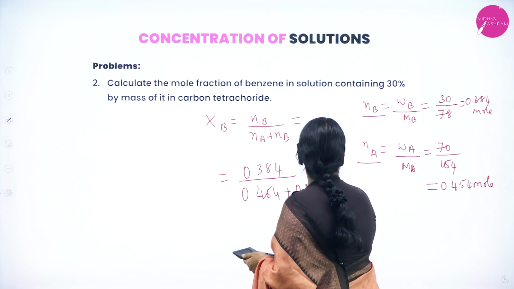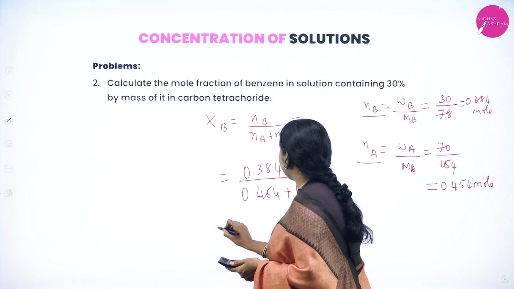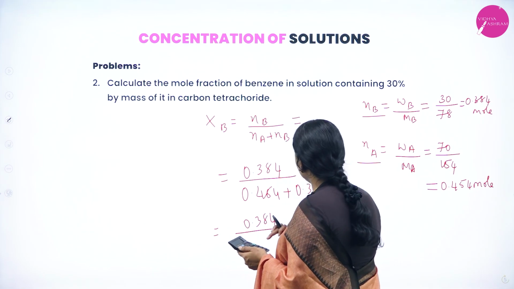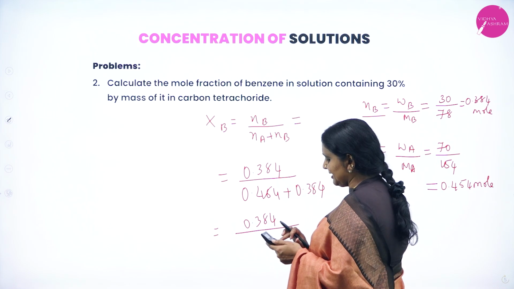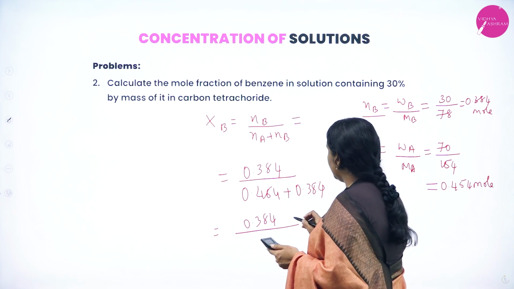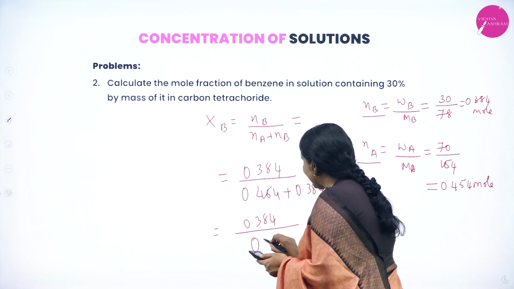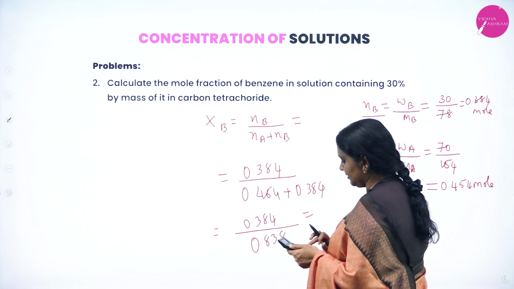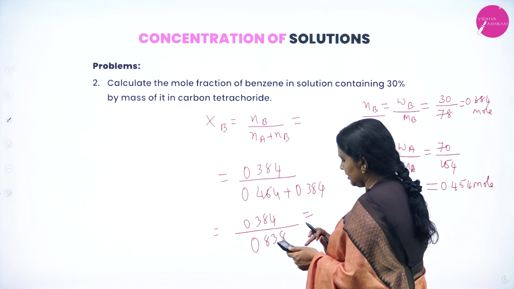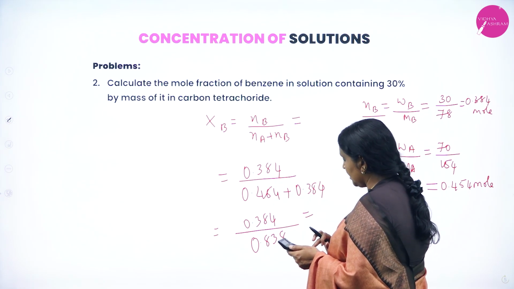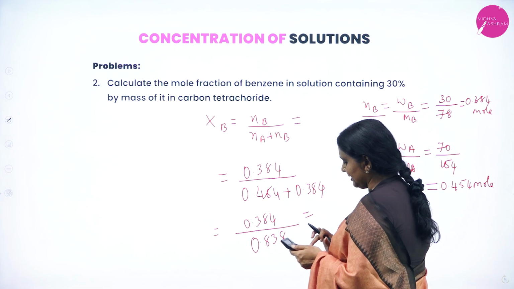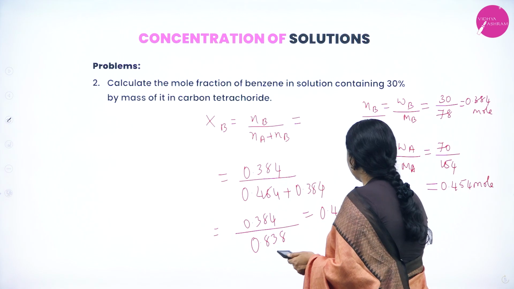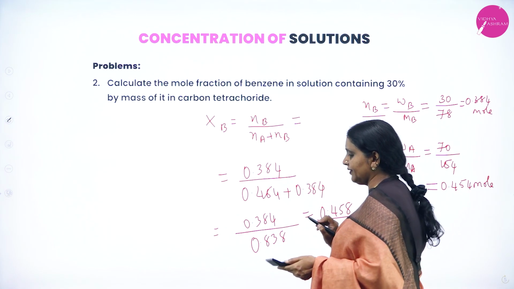So 0.384 divided by 0.454 plus 0.384 is equal to 0.384 divided by 0.838, which is equal to 0.458.